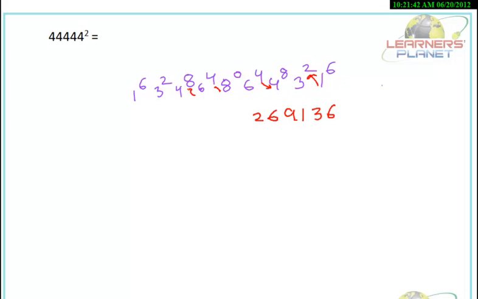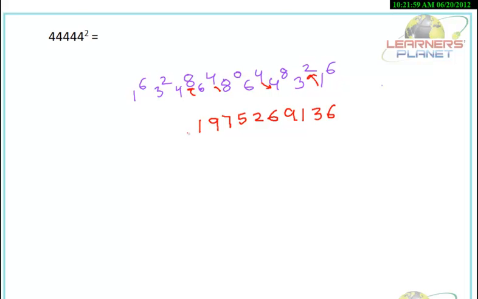Then 6 plus 8, 14 and 1, 15, we'll write 5, 1 will be carried. 4 plus 2, 6 and 1, 7. Then 3 plus 6, 9 and 1 as it is.